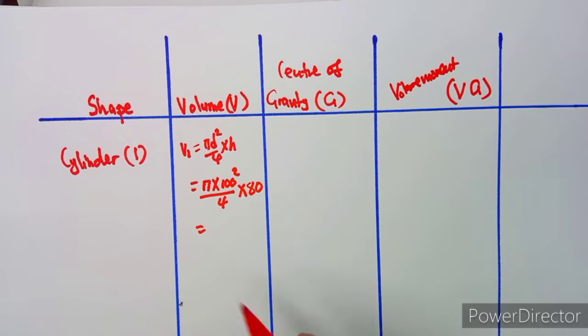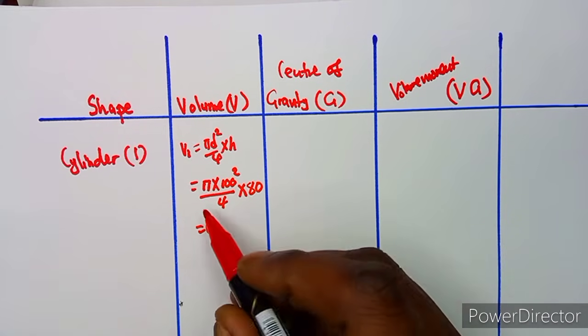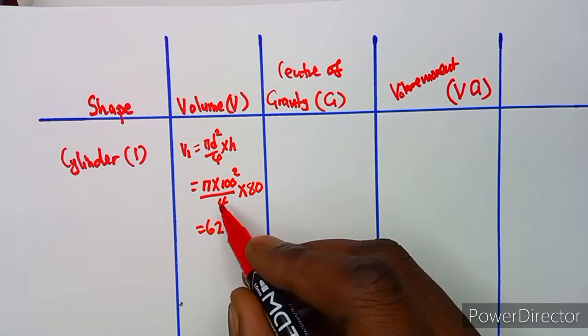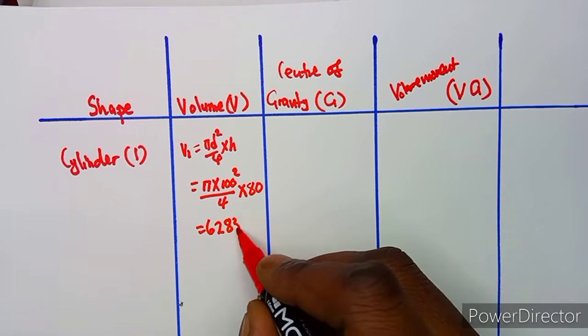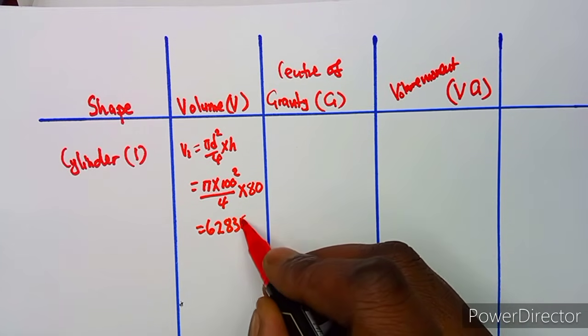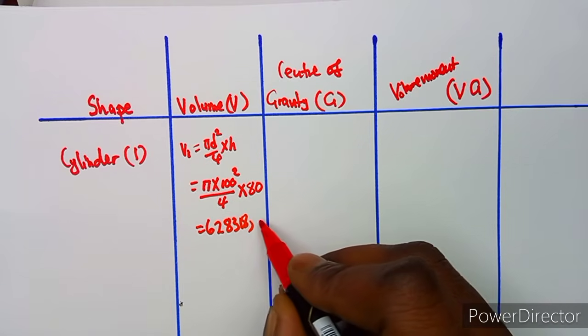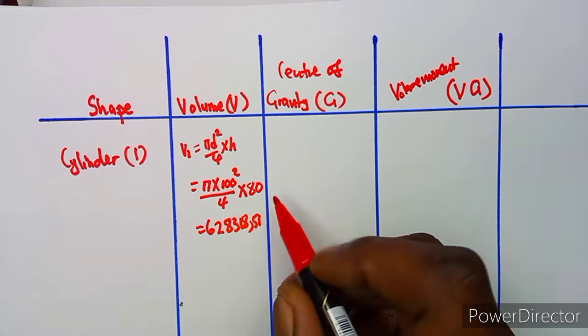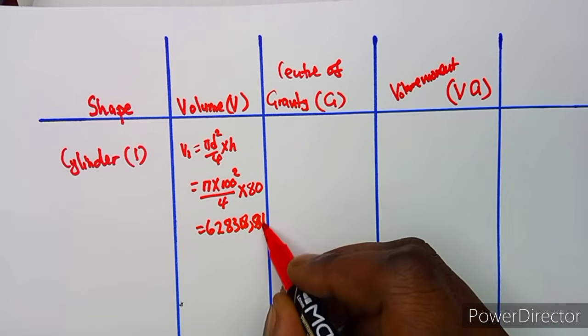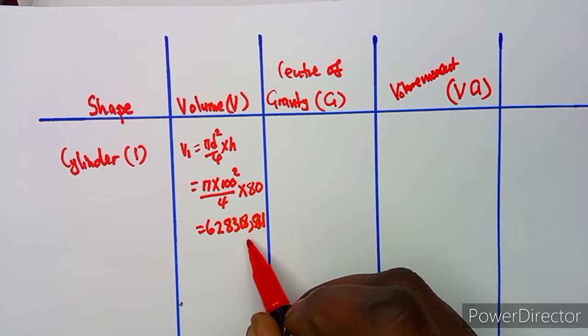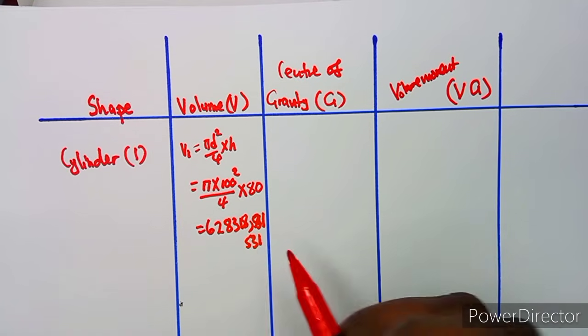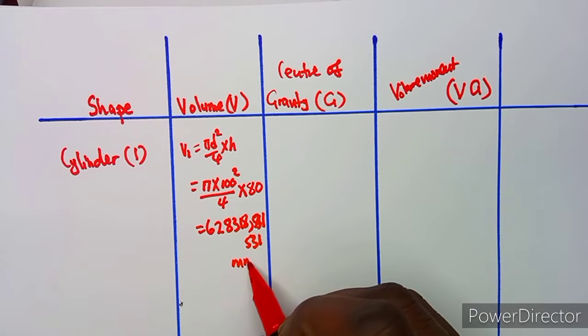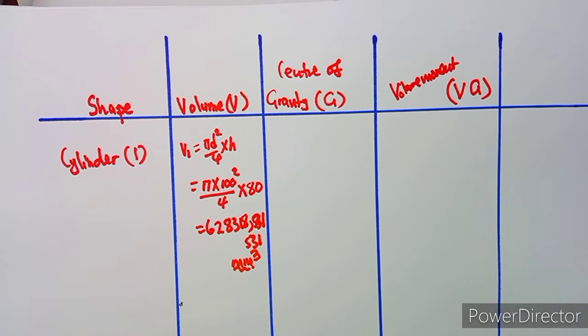So this is going to be our volume, which is 62 831.853. Sorry, 531. So this is 62 831.531, cubic millimeters because it's volume, remember.